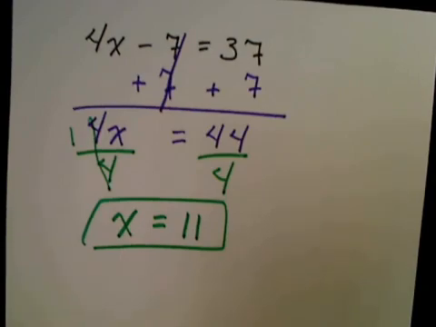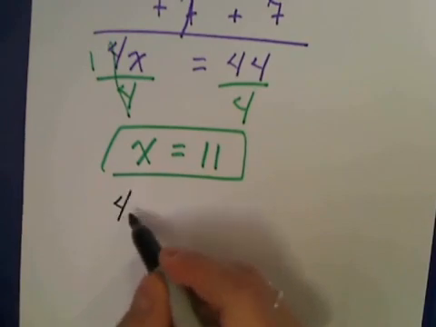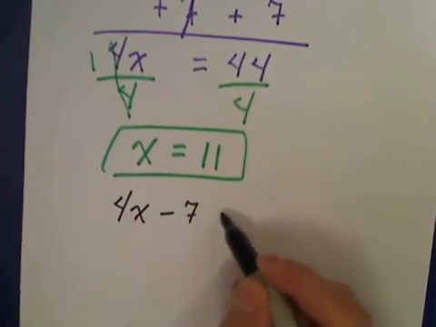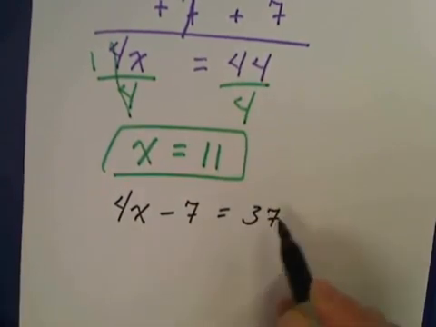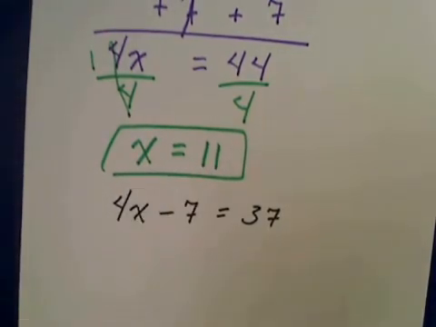Now, you don't have to take my word for it that that's the correct answer. You can check all of your answers, and that's the important feature on solving equations, is to remember that you can always check. If you go back into your original, we had this 4x minus 7 was equal to 37. We now know that x is 11. It means the same thing as 11.